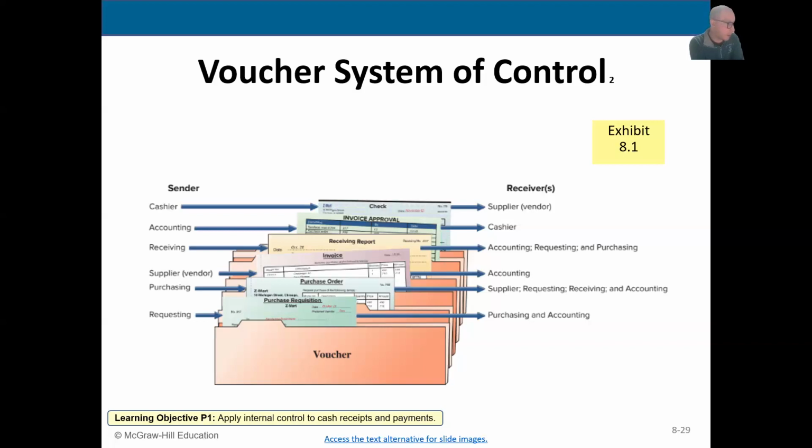And so we would place the order using a purchase order, purchase requisition, whatever, purchase order. The vendor would send us what we ordered, along with a packing slip, also known as a receiving report.